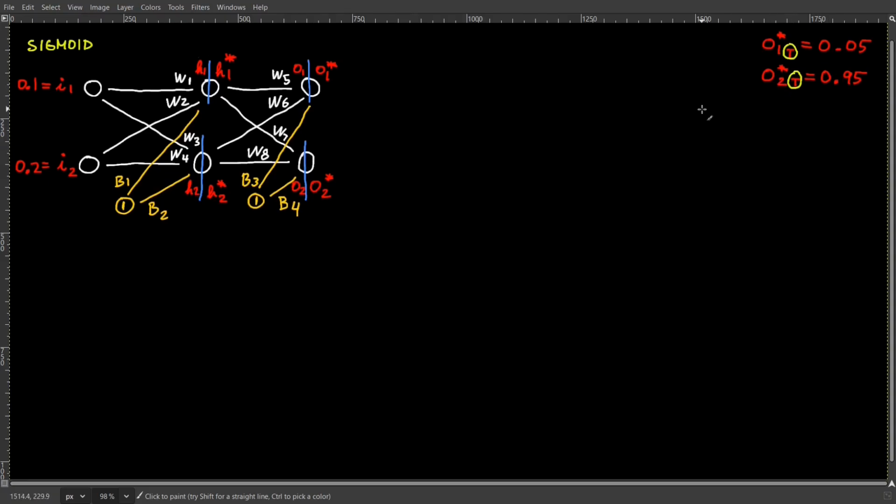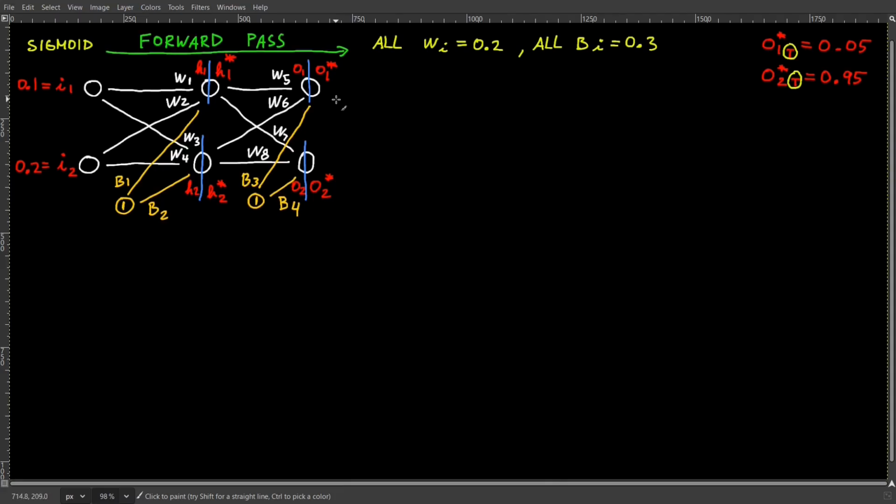I will first initiate these weights and biases with some values chosen by me. I'll choose 0.2 for all the initial weights and 0.3 for all the initial biases. In other words, we will initiate the network with these values. We can use them to calculate the outputs.